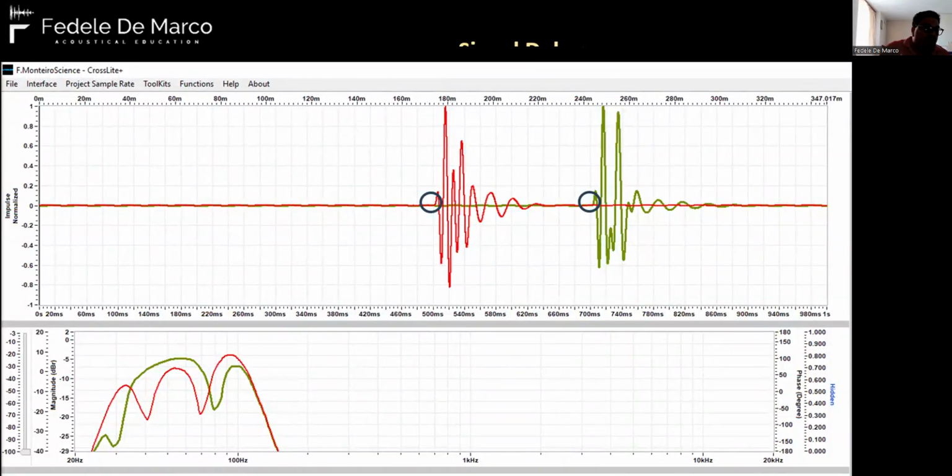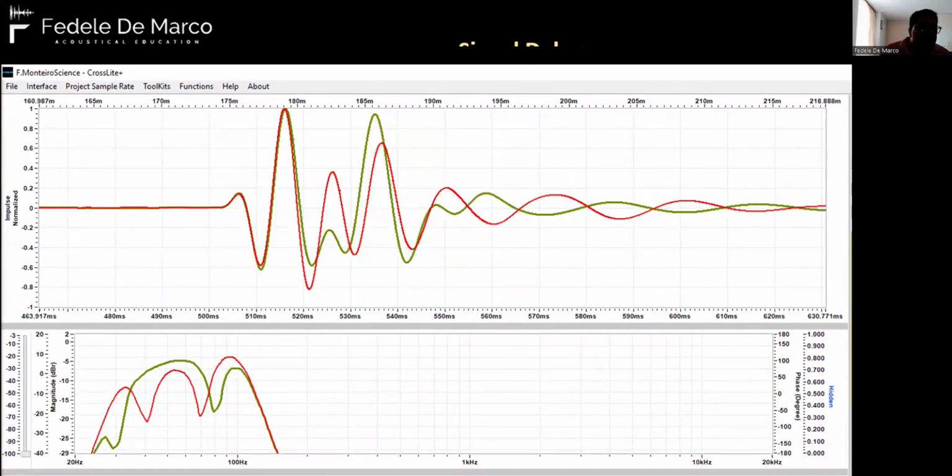Okay, so a filter is an injection of phase shift in the waveform. Signal delay can't optimize this. With signal delay, we align systems in space, but we need filters to match the waveform. We need local injection of phase shift.